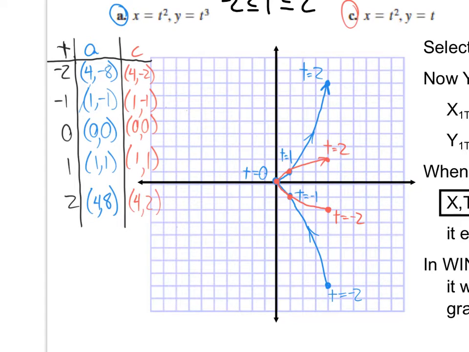So when t is 0, we are at the point 0, 0. Okay? And I could keep tracing over when t is 1.534, x is 2.354, and y is 3.6118. Okay? So your calculator can do this.